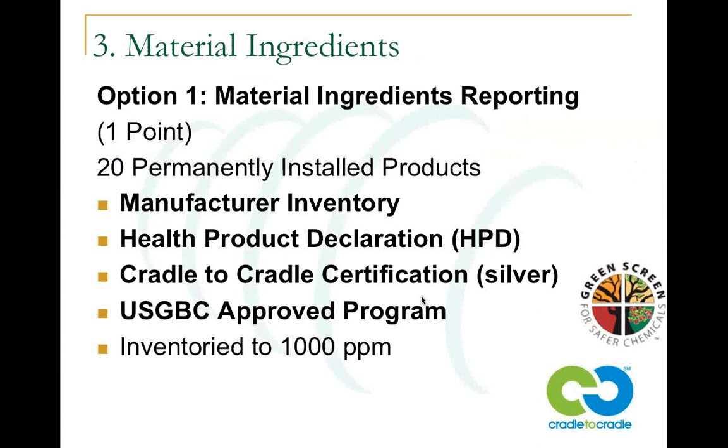So material ingredients is actually the third credit and the last credit I'll talk about, in the materials and resources category, and that is new in terms of disclosing what's in the material. So you heard that the EPD, the nutritional label, says what is the environmental impact.